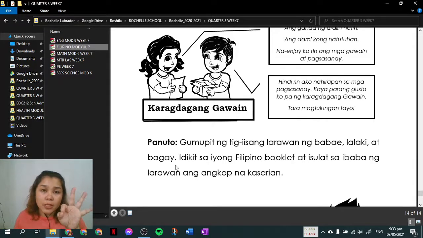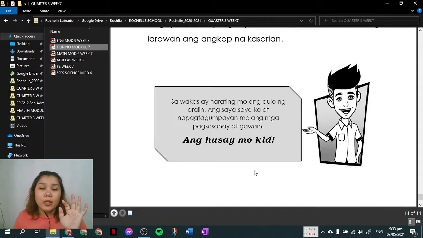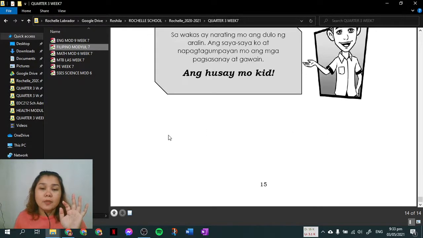So, it only requires 3. Tapos, ilalagay sa baba kung anong kasarian yon. And you can paste them in doon sa book writing tablet or dito na lang sa space sa last page ng module. So, that's it.